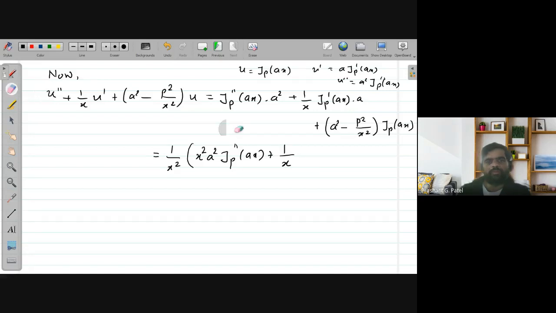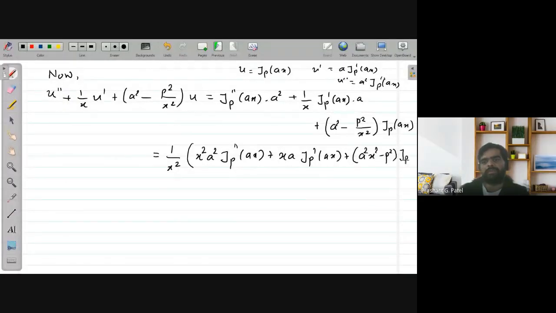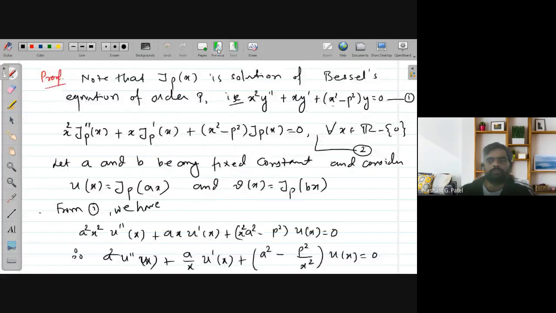Instead of 1 by x, we have now x into a J_p dash of ax plus a square x square minus p square J_p of ax, and this is x square into 0, because we have this first equation, that quantity will become 0, so therefore this is 0.